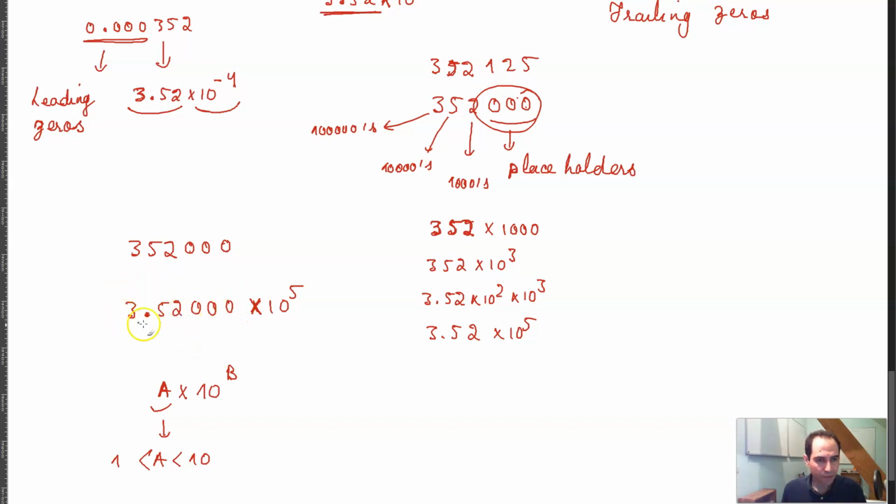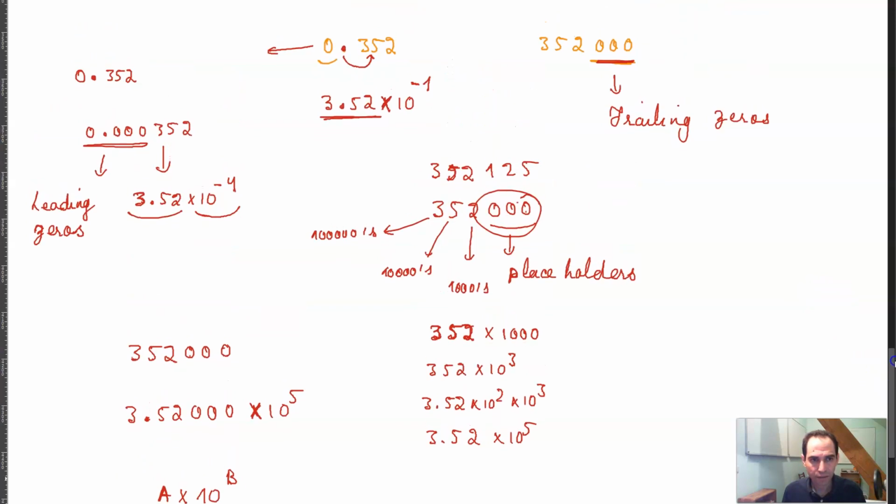And then b is the exponent of 10 that shows you where the decimal place goes in the number. So that is about scientific notation.